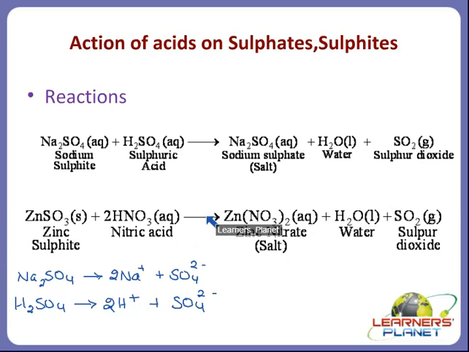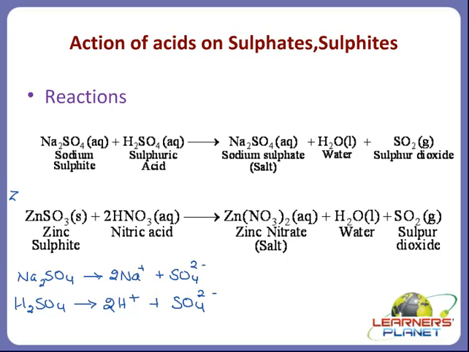Okay, so let's take up the next example, that is zinc sulfite. Sulfite I told you is SO3 2 minus. Now this is reacting with nitric acid, forming zinc nitrate, water and SO2. Now what are the types of ions which zinc sulfite is giving in the solution?